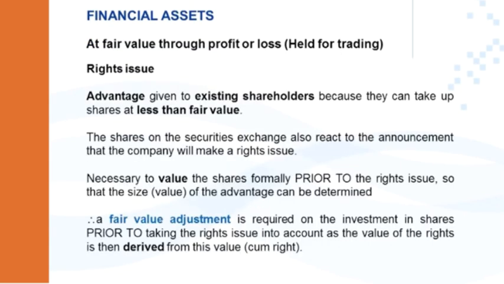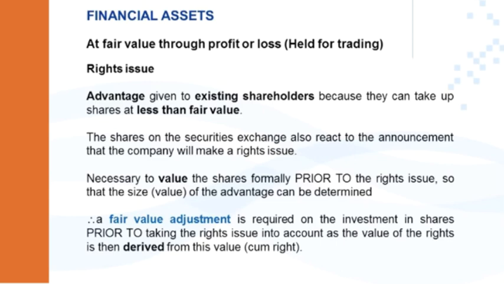So in terms of the rights issue, an advantage is given to existing shareholders because they can take up new shares in terms of the rights agreement at less than fair value. The shares, as I mentioned, on the securities exchange will react to this announcement that the company will make a rights issue, as the shares are now worth more in terms of a possible future benefit.